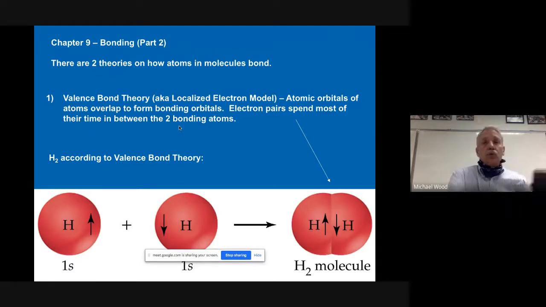One of them, the one we're going to learn about, is called the valence bond theory, also called the localized electron model, and I'll explain what I mean by localized electron. Atomic orbitals of atoms overlap to form bonding orbitals. Electron pairs spend most of their time in between the two atoms, and that's what localized means. And then here is H2.